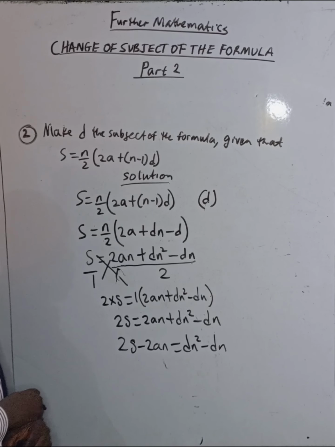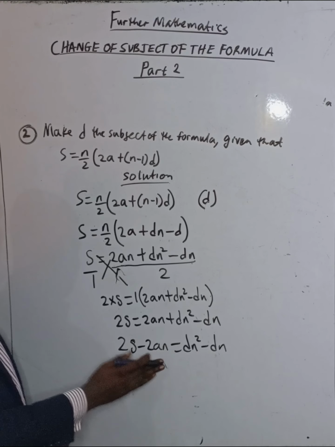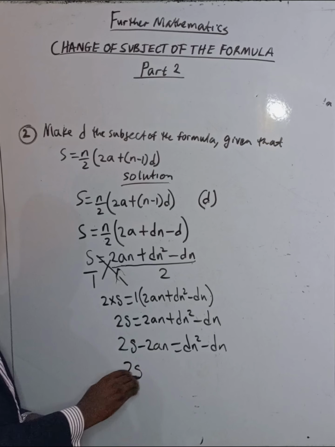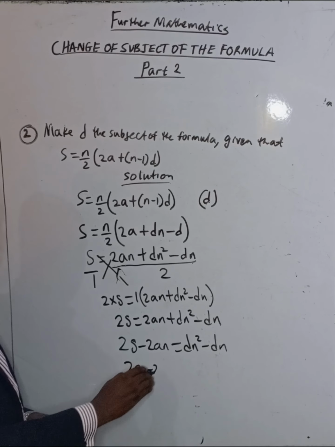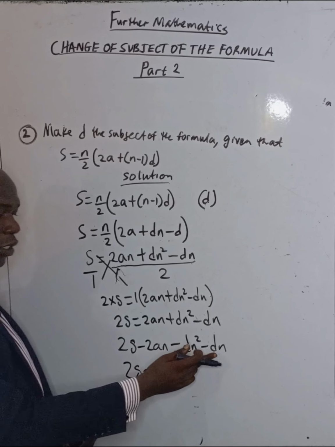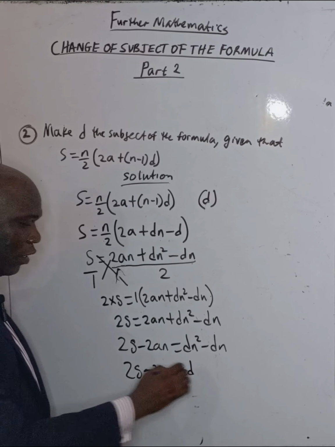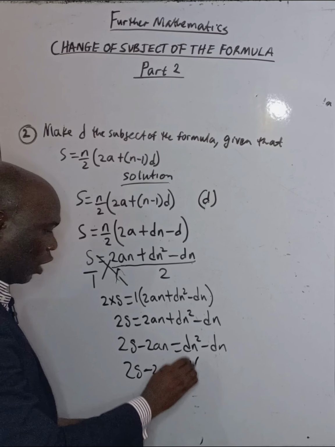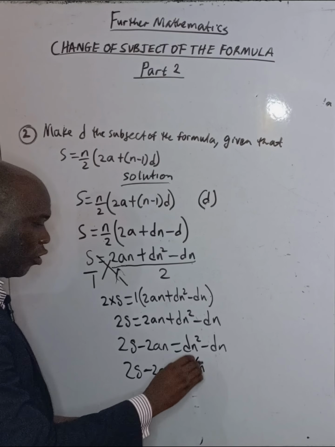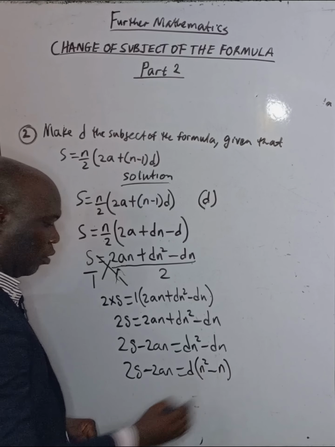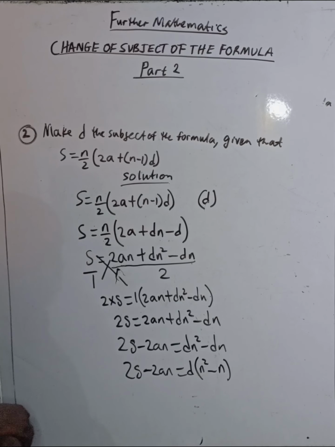Our attention is still here because we want to make D the subject of the formula. Write 2s minus 2an equal to, D is common here, let D be outside. Are we together? And then we have what here? n squared minus what is left here? n. All right, so we have a clearer picture now.